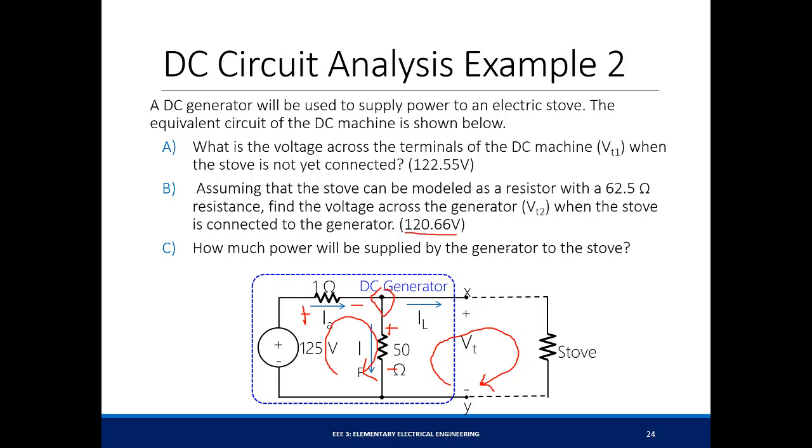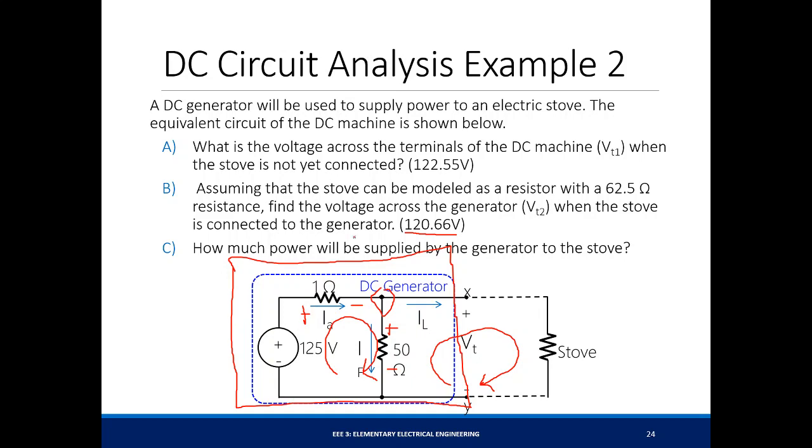Okay, next is the answer here, letter C. How much power will be supplied by the generator to the stove? When we say power supplied by the generator, we mean what is the power supplied by this big block right here.